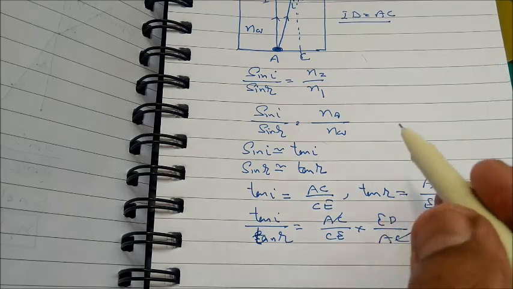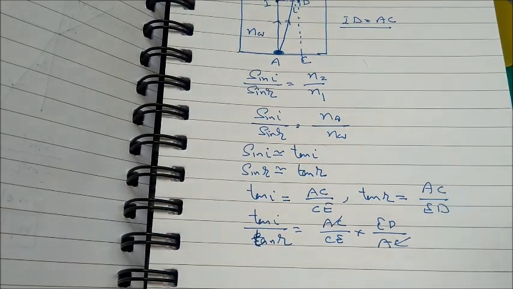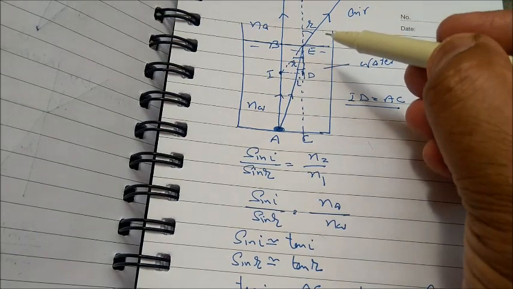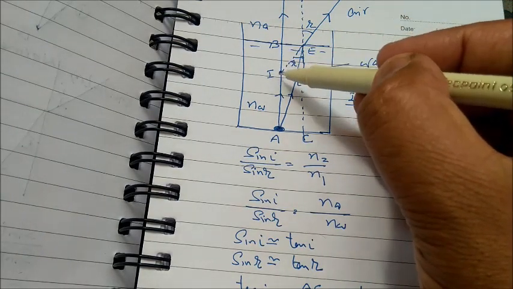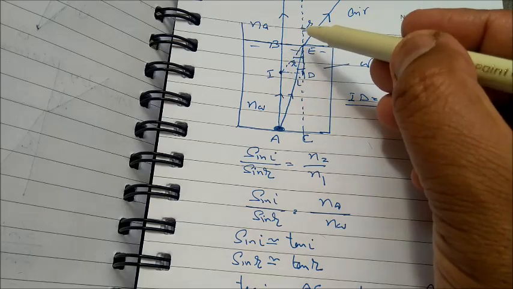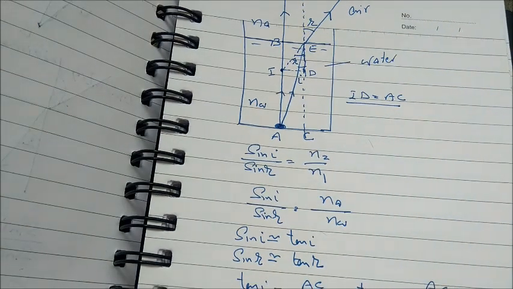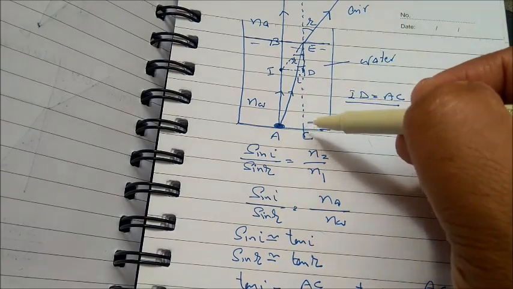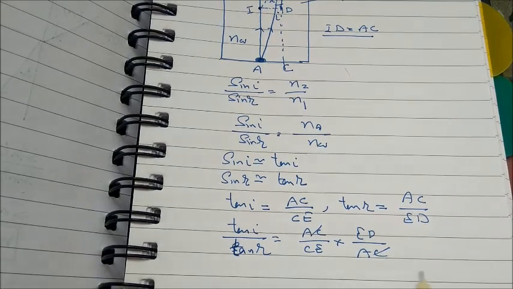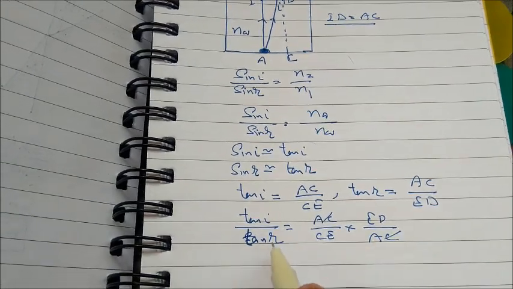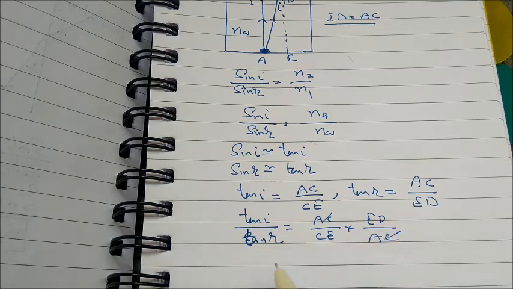What is ED? Now see from this, ED is same as BI. This is the depth that appears to us. And what is CE? This is BA, the real depth. So tan i upon tan r is ED upon CE.